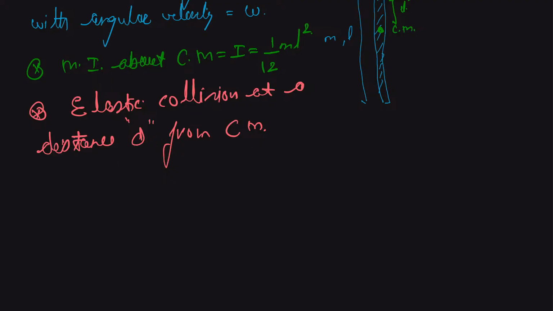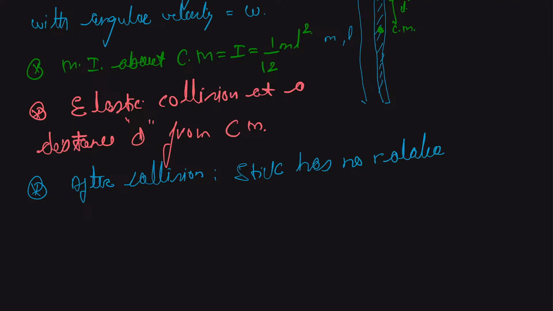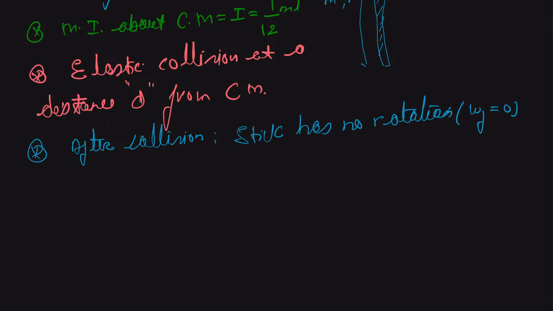And so we can write that after collision the stick has no rotation, and for that we can say that final angular velocity is equal to 0 and only translational.